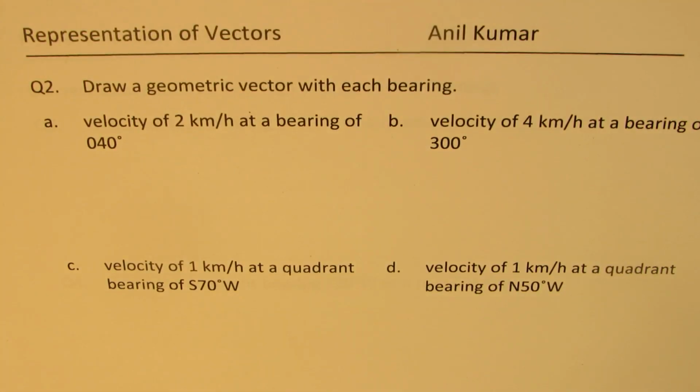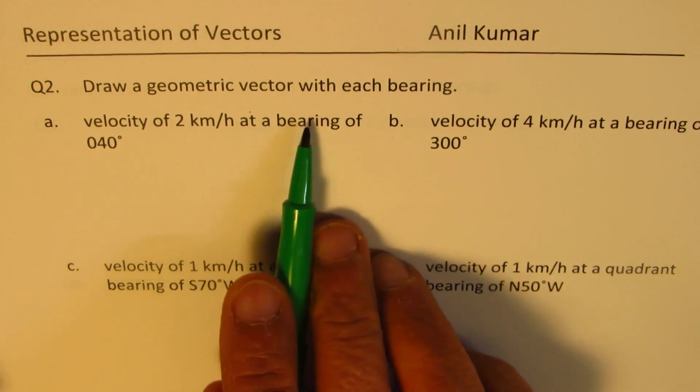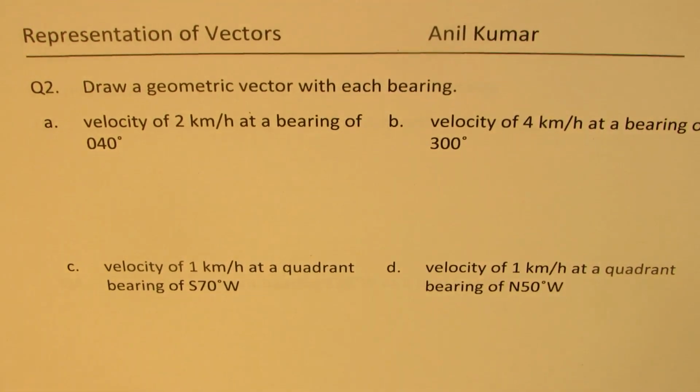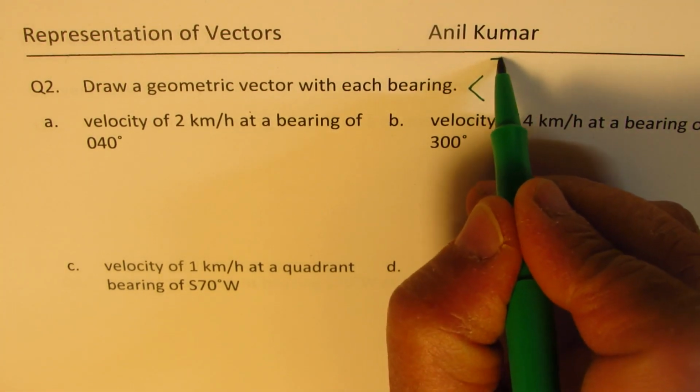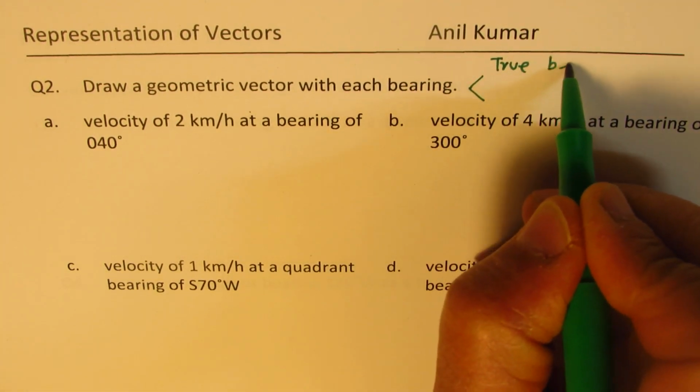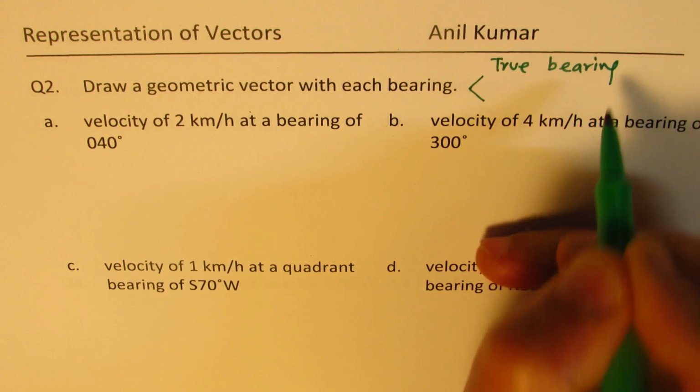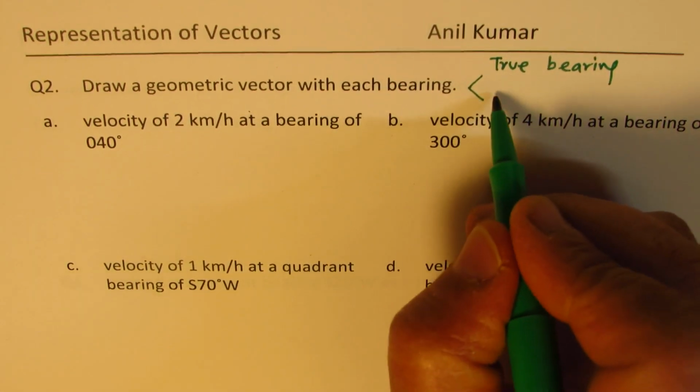Let's move on and take question number 2. Draw a geometric vector with each bearing. Now we have two types of bearings. One is true bearing and the second one is quadrant bearing.